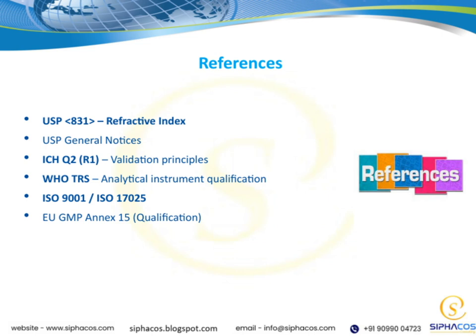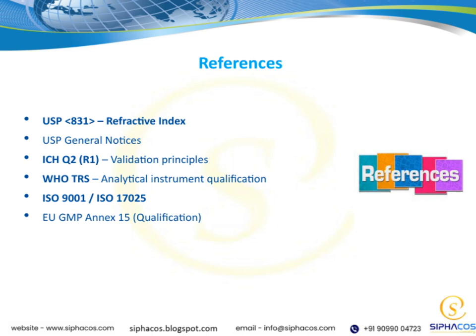We also rely on the WHO TRS for guidance on analytical instrument qualification, making sure our equipment performs accurately and consistently. Additionally, standards like ISO 9001 and ISO 17025 set the framework for quality management systems and laboratory competence, respectively.